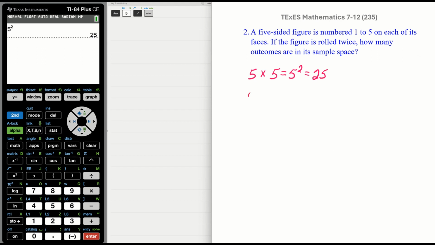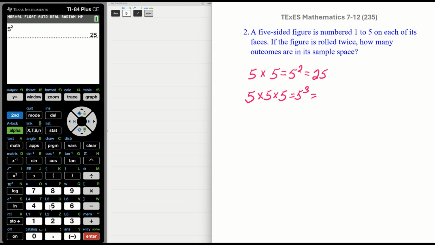Now let's ask ourselves, what would happen if we rolled the number cube 4 times, 3 times? Let's say 3 times. There's 1, 2, 3. Well, what do we see? We see 5 to the 3rd power. You may not know what that equals. I don't always remember myself.